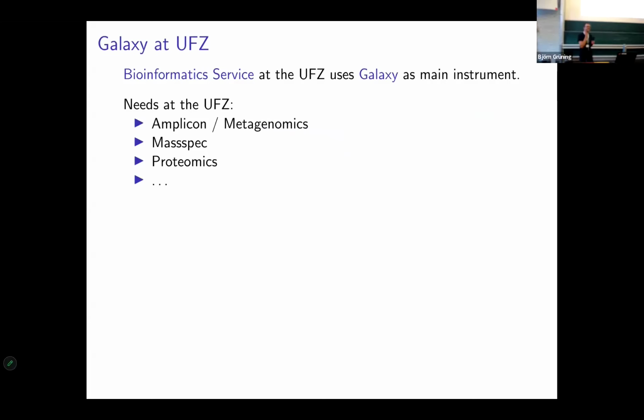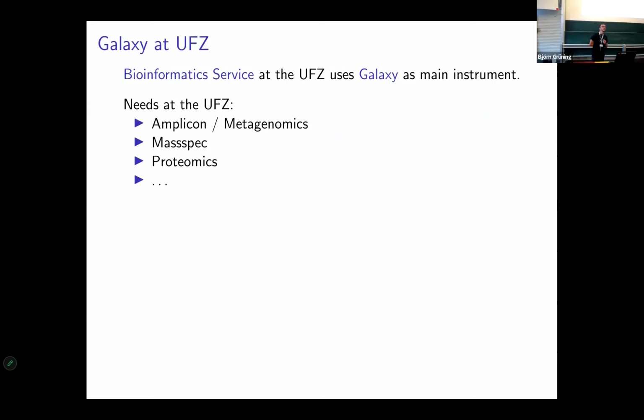So I am a one-person core facility, the bioinformatics service for our research center that uses Galaxy as one of its main instruments to get bioinformatics software to the users. The UFZ has a bit more than 1,000 researchers, and they have lots of needs.